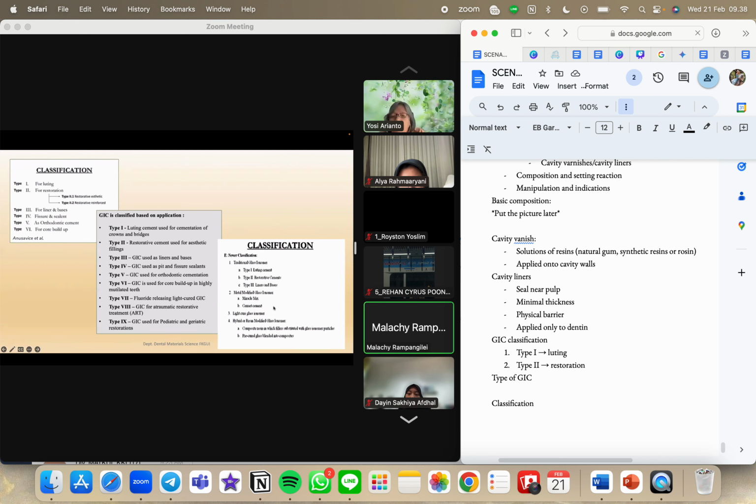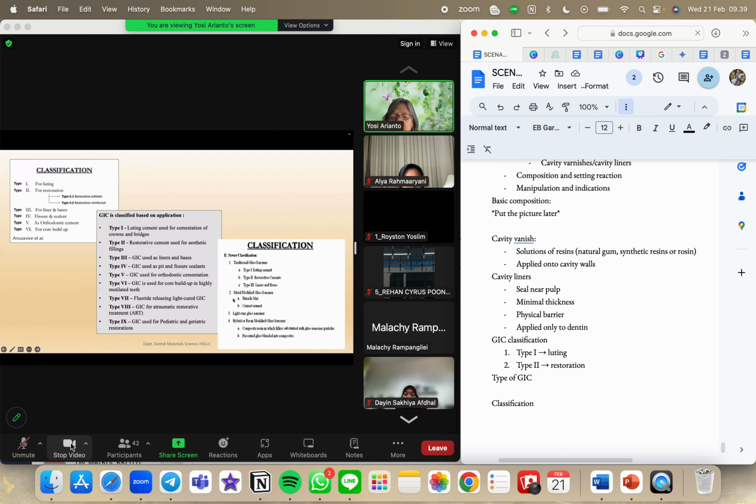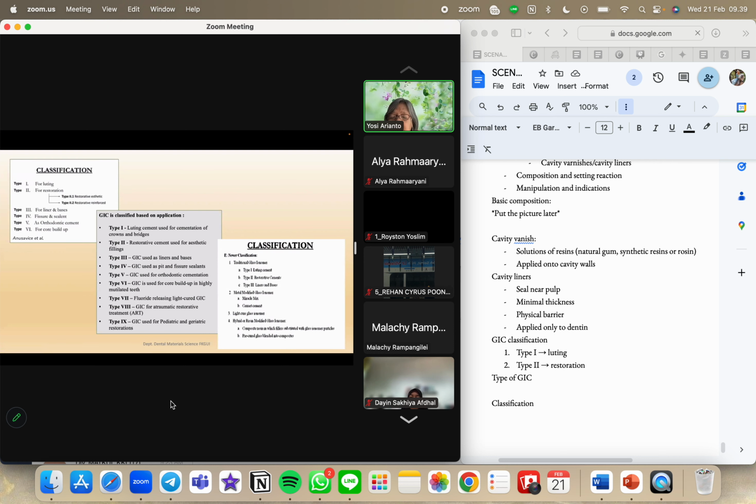Okay. And this third classification is the newer classification because of the development and technology of new materials. First is the traditional glass ionomer, as you know, until type 3. It's the same as the previous classification. And then there is the second generation, which is called the miracle mix.